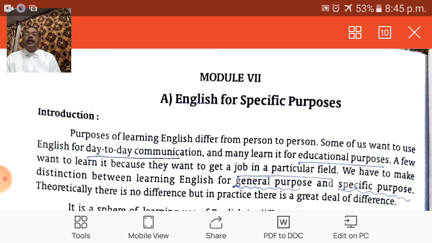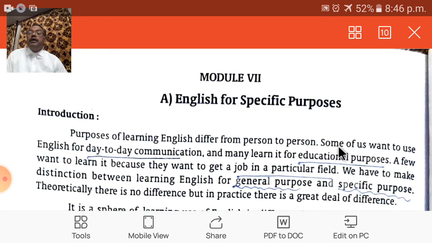We know that English is nothing but a window of the world. If you want to get information from the world, it is very essential to learn English. We use English for different purposes, but we have to make a distinction between learning English for general purposes or specific purposes.